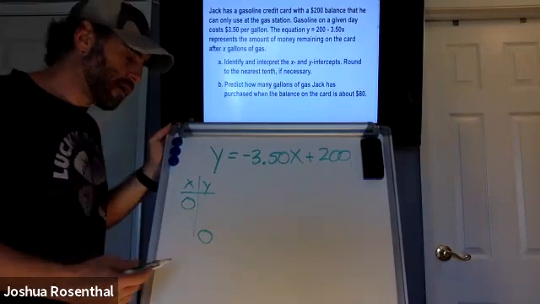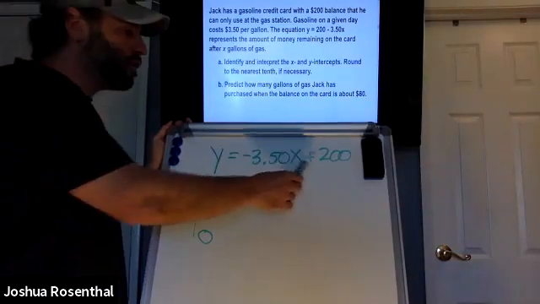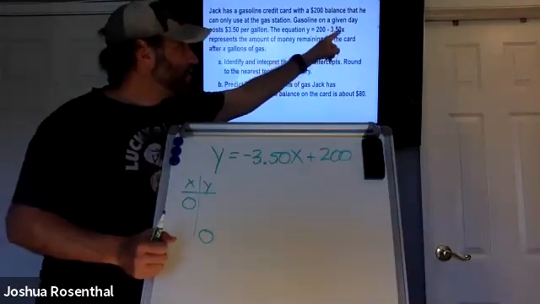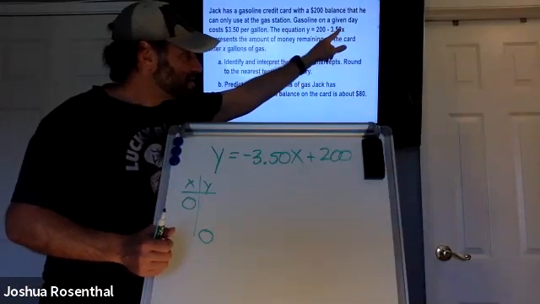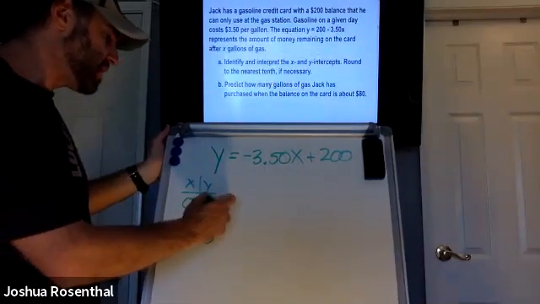When X is 0, well, if it's in this form, the way that they trap you is they're hoping you pick this 350 or negative 350 on the end. But no, you need to rewrite it. The 200 is the Y-intercept.